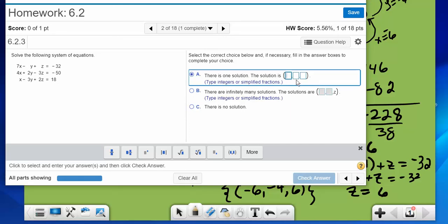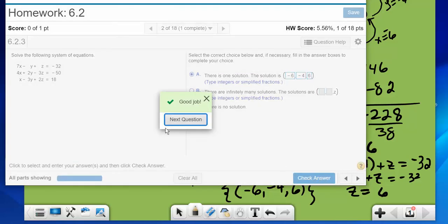It's the ordered triple, negative 6, negative 4, and 6. And we can check it by just plugging them in all three. Use your calculator, see if it's right. Like on the test, you would just plug them in, make sure you did them right.